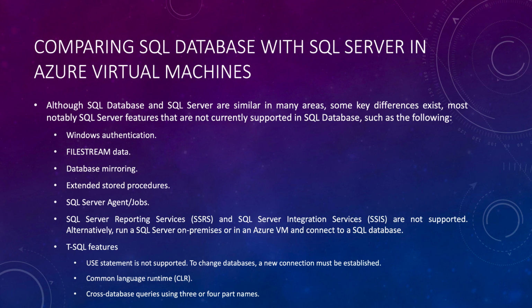Although SQL database and SQL Server are similar in many areas, some key differences exist. Most notably, there are SQL Server features that are not currently supported in SQL database, such as the following: Windows authentication, file stream data, database mirroring, extended stored procedures, SQL Server Agent/jobs, SQL Server Reporting Services or SSRS, and SQL Server Integration Services or SSIS, which are not supported.